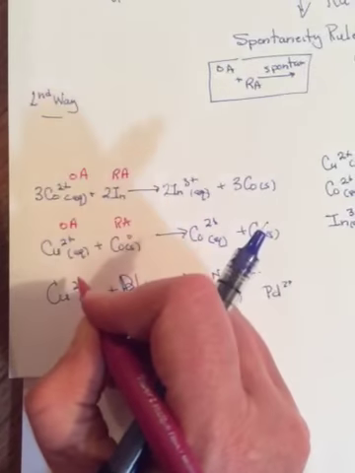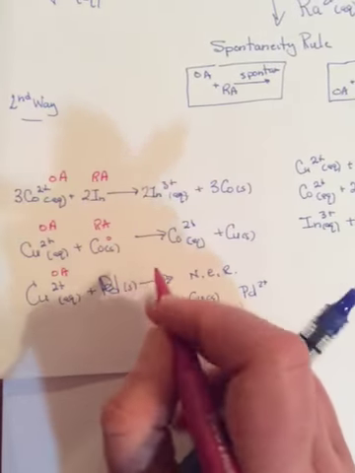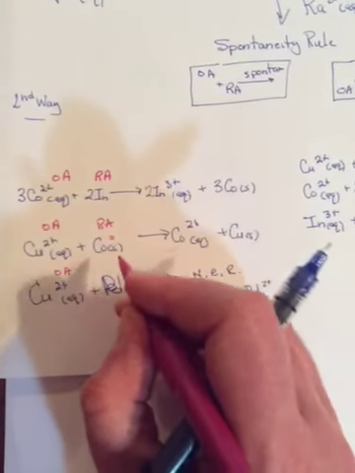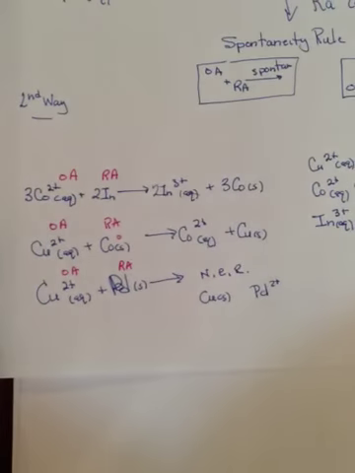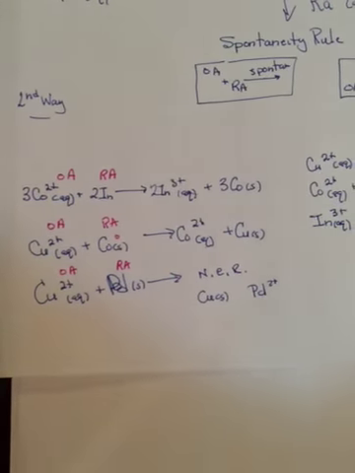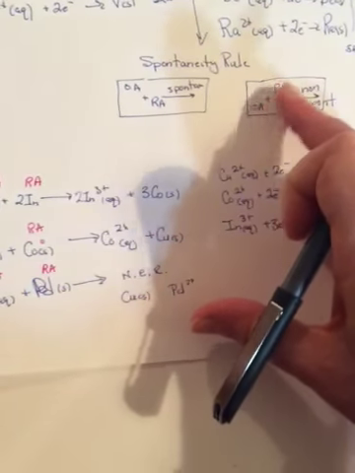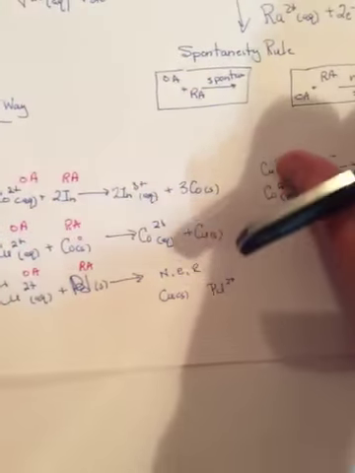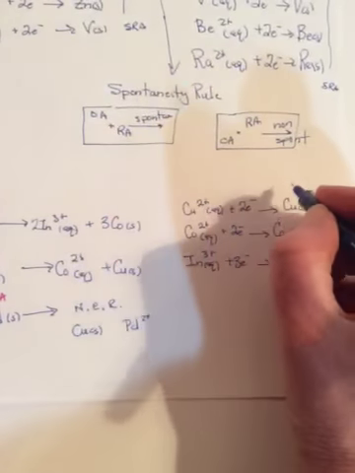So Cu2 positive going to Cu solid is being reduced because it's gaining electrons. If it's gaining electrons and being reduced, it must be the oxidizing agent. This one's going from a solid to 2 positive. It's being oxidized, which means it's the reducing agent. But this time, it's non-spontaneous, which means in the chart, the RA has to go above the OA, which means the Pd has to go above the Cu, which means it has to go on the top here.